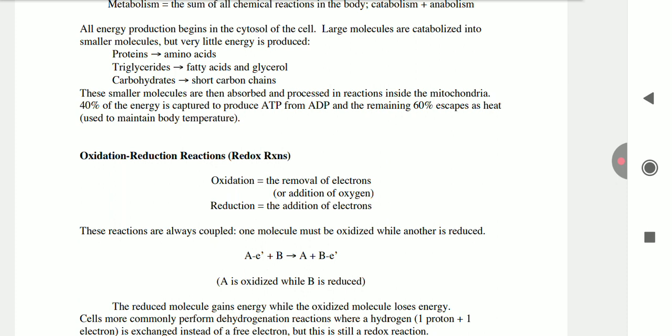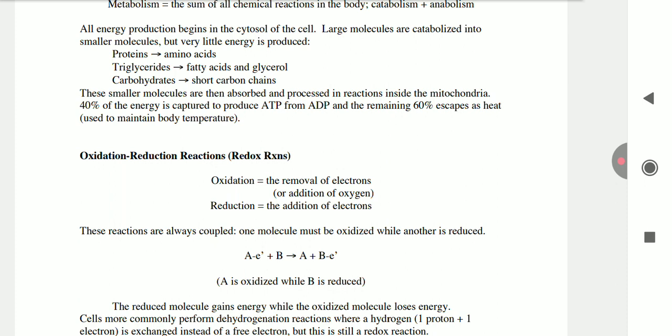Oxidation reduction reactions are called redox reactions. Oxidation is equal to removal of electrons or addition of oxygen, and reduction is equal to addition of electrons. These reactions are always coupled. One molecule must be oxidized while another is reduced. A plus B gives A plus B with electron: A is oxidized while B is reduced. The reduced molecule gains energy while the oxidized molecule loses energy.